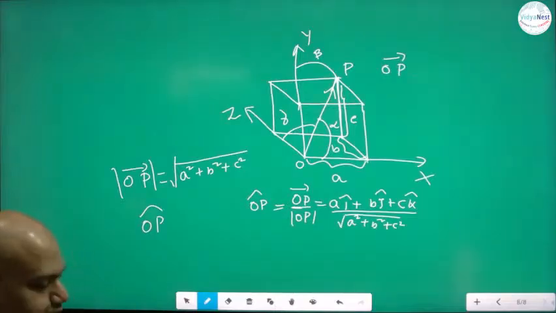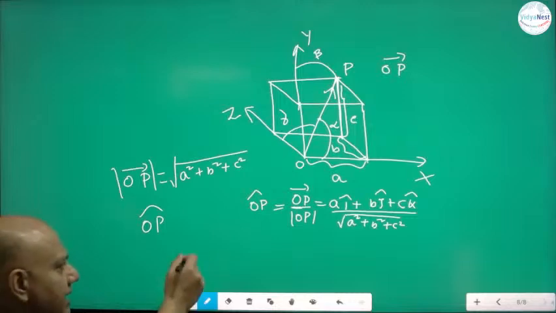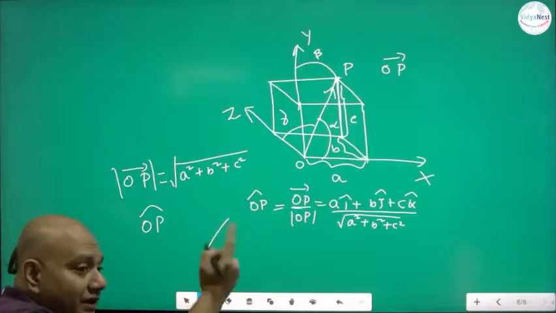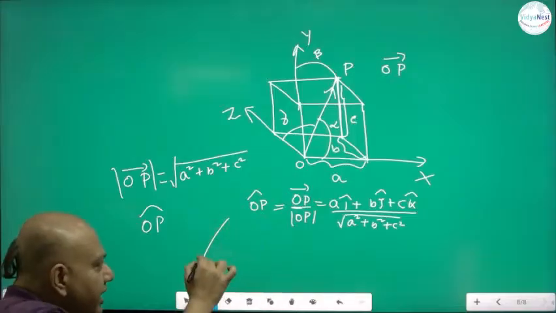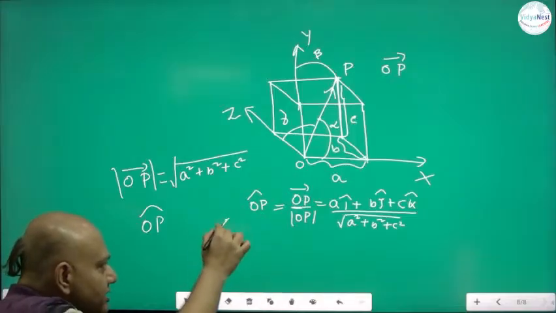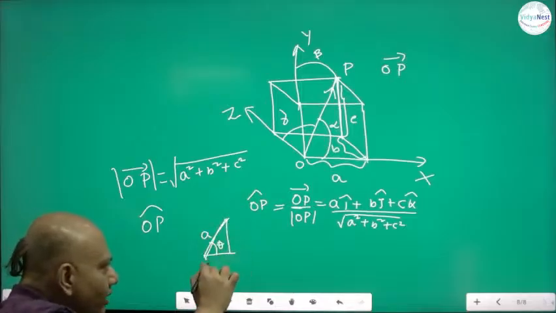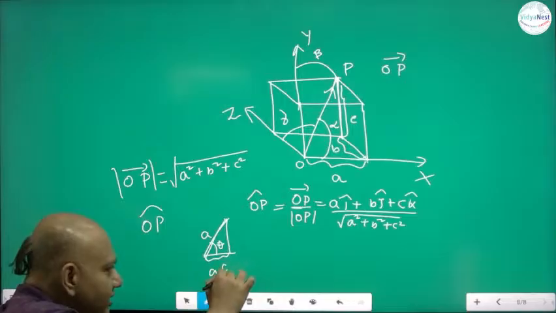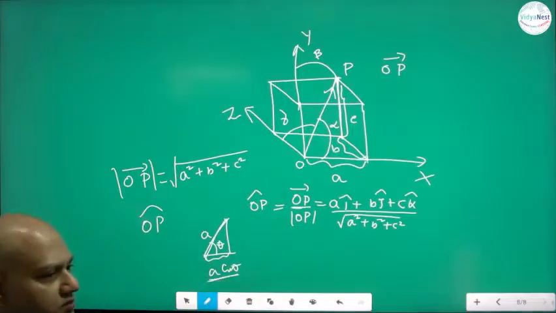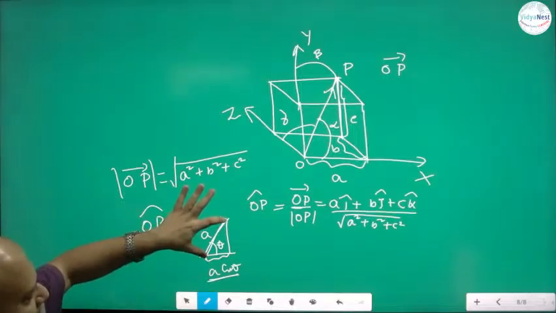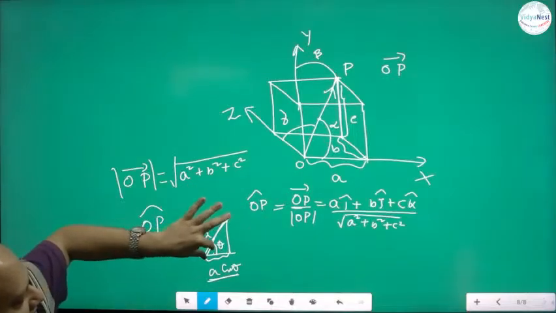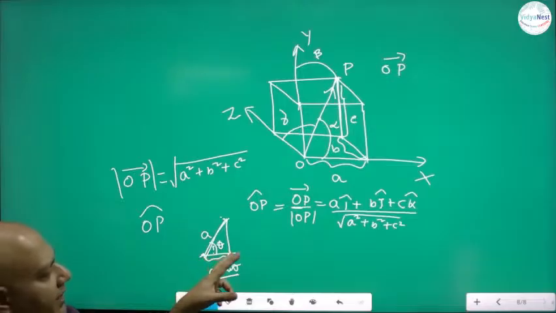Now, suppose a line is there, just like what we taught previously. Suppose this vector is A. If some angle theta is created, what is this length? A cos theta. If this vector is A and the angle theta is created, what is the component along this direction? A cos theta.